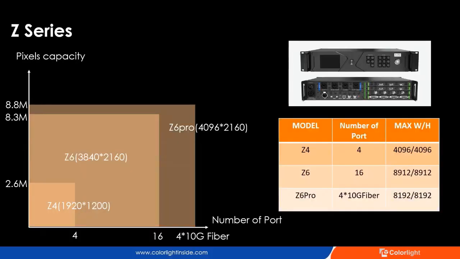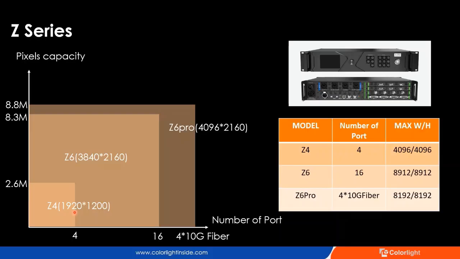The last series is the Z series. Basically, the Z series has three members: Z4, Z6, and the Z6 Pro. Compared with the X series, the Z series provides more high-end features like HDR, low latency, and 3D.